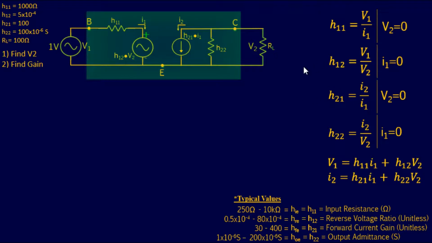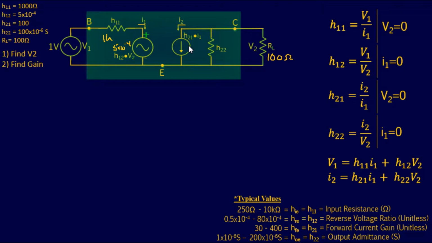And I also provide you the two-port equations if you want to do the two-port analysis. I'm not going to get into that too in detail right this second, but let's go through this little by little. Okay, so I have R sub L, 100, so let's put that right there, 100 ohms. I have our input resistance, 1 kilo. I have our reverse voltage ratio, which is 5 to negative 4.